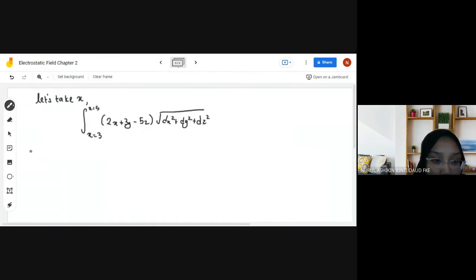Our next step is to convert y into x. How to convert that?